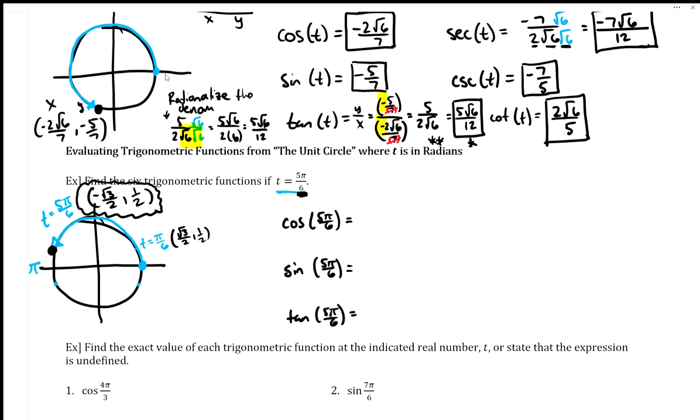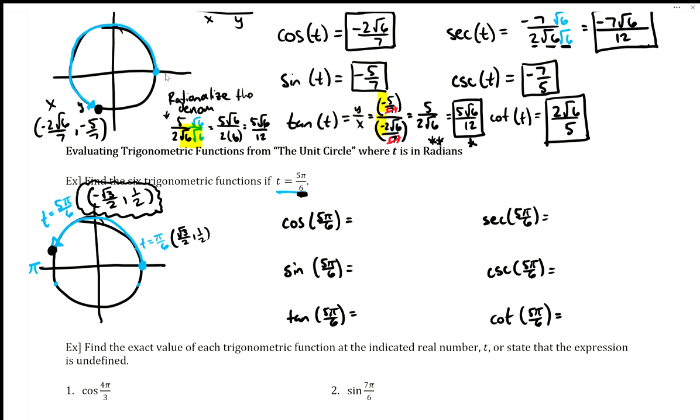Then let's put our reciprocal trig functions next to them: secant of 5 pi sixth, cosecant of 5 pi sixth, and cotangent of 5 pi sixth. So there are all 6 of them.